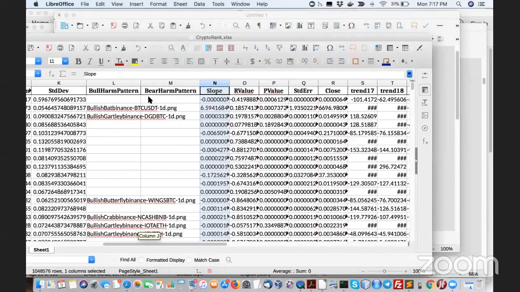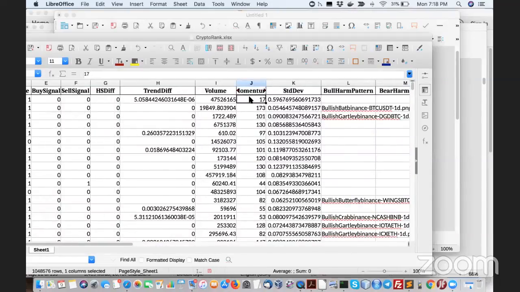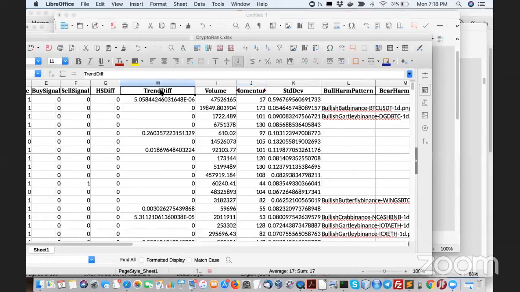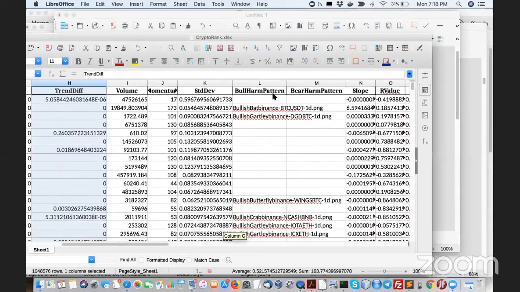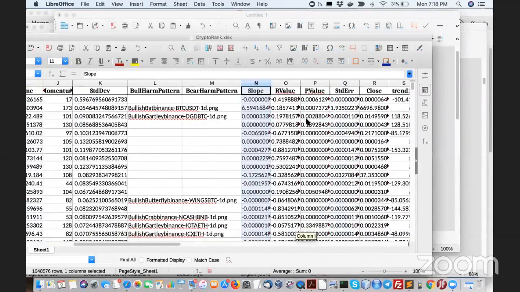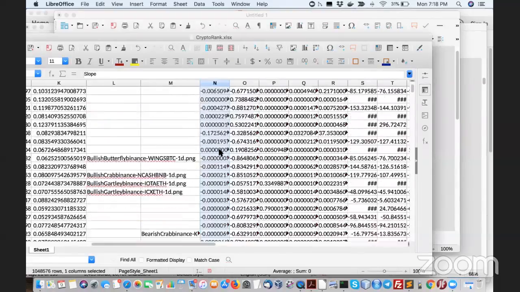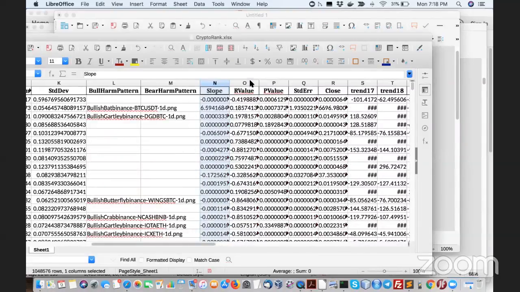And that slope is no different than the momentum or the trend difference right here. It's similar, but this is the actual mathematical calculation of that formula I just stated. The higher the slope, the more profitable that particular cryptocurrency pair is.